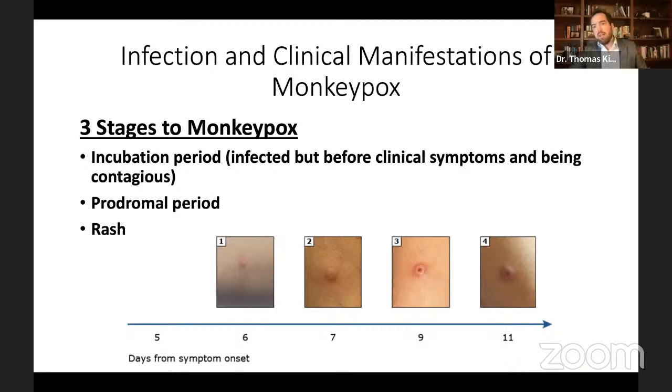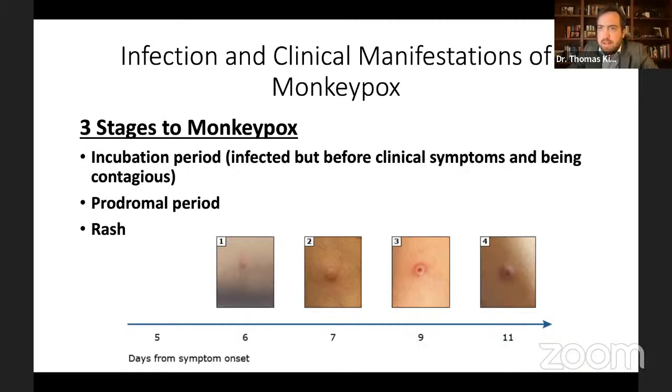And the rash evolves in a fairly unique way. You can see here in the slide, this shows the evolution. It starts as a flat lesion. It becomes more raised, and then it becomes vesicular, which just means it's full of fluid. And then that vesicle opens up.